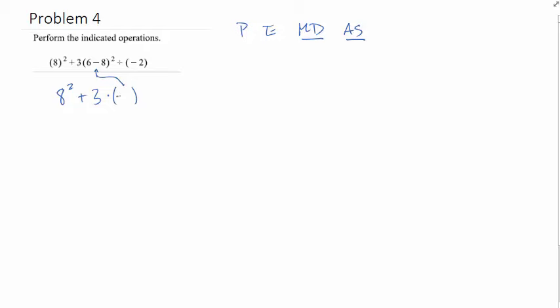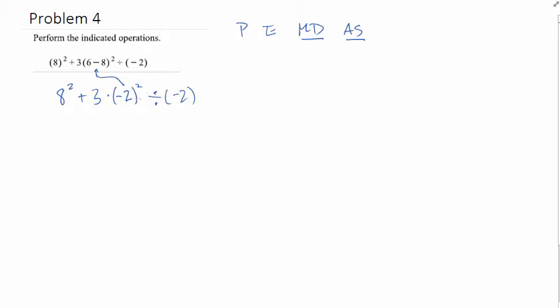6 minus 8 is negative 2, and then that's going to be squared, and then we have a divide by negative 2. Alright, what's next? We scan through this. Everything in parentheses is already simplified, so let's go through exponents.